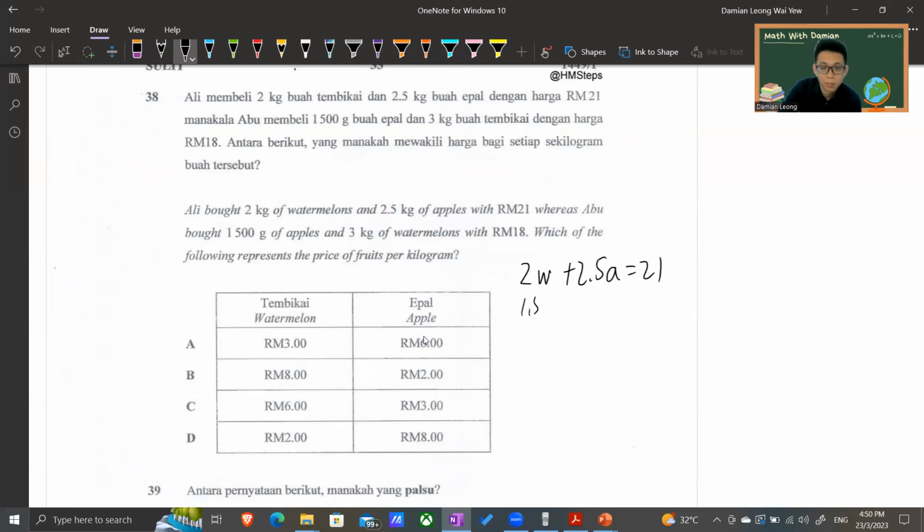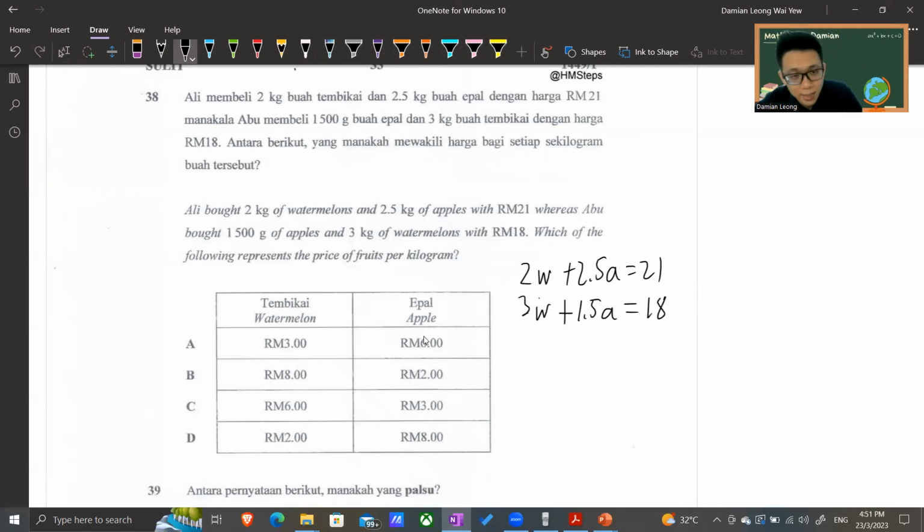The other one, 1,500 grams is 1.5 kg. 3 kg times the price of watermelon plus 1.5 kg times the price of apples is 18 ringgit.